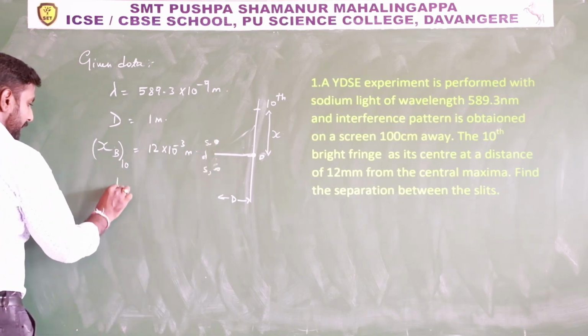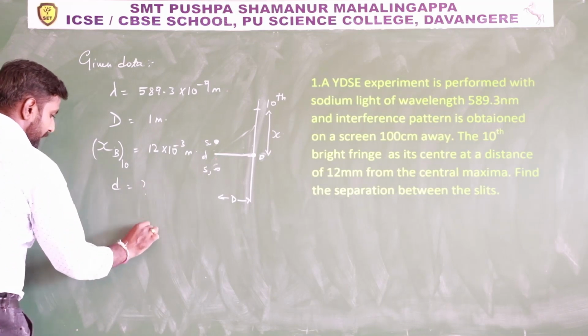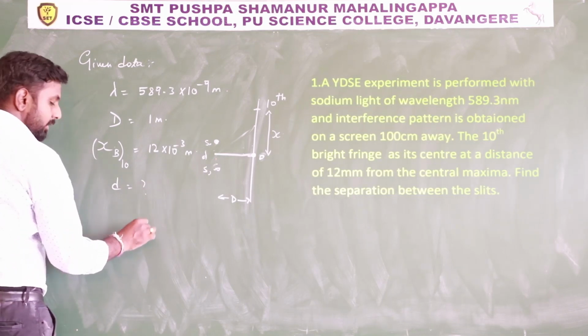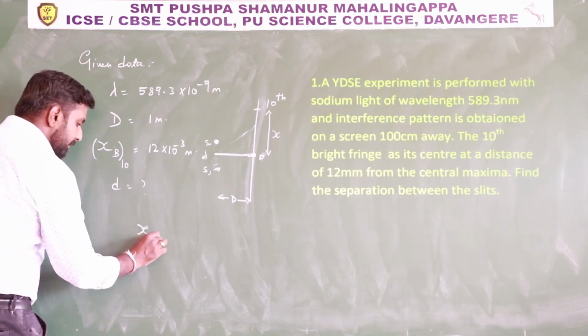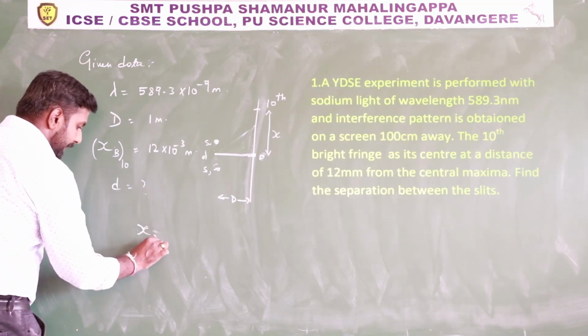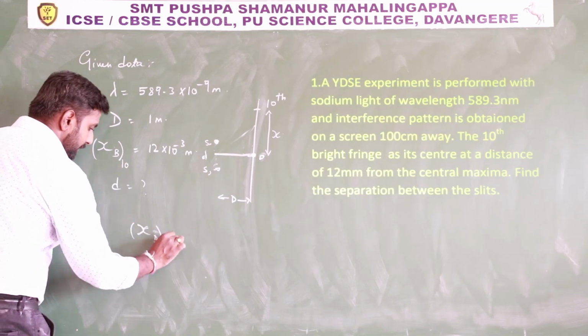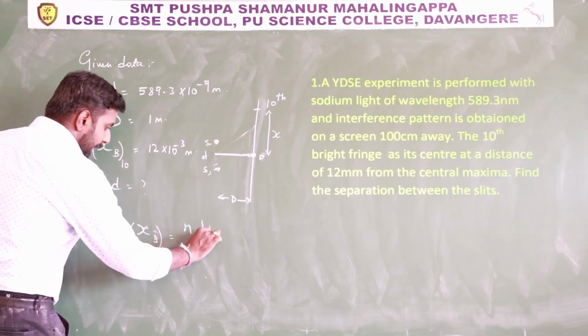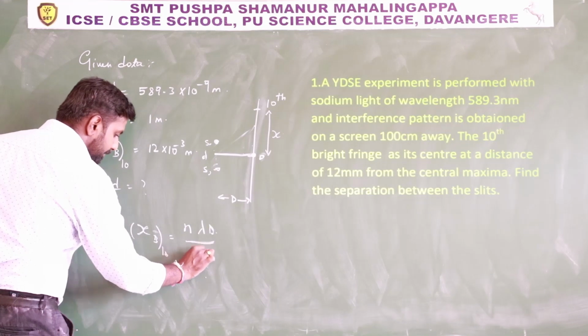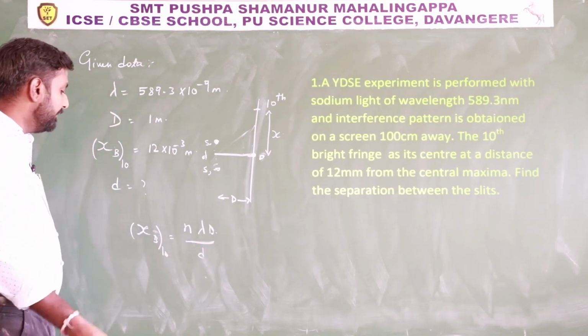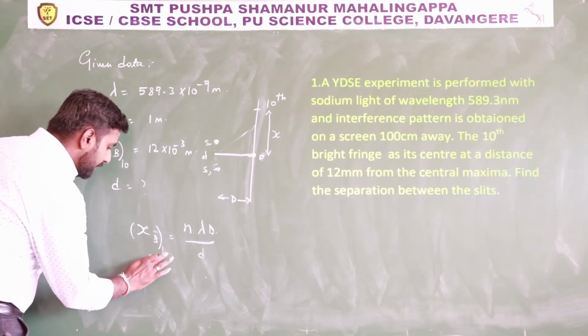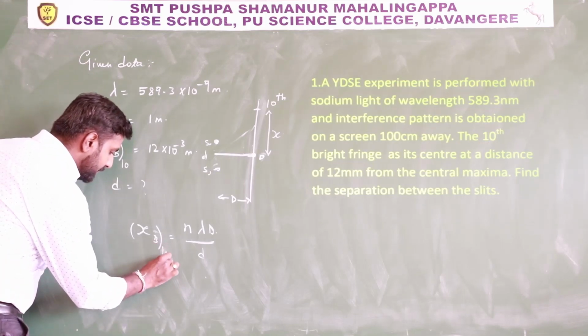So the formula is, you know, the linear position of the bright or dark fringes. For bright fringes, I will write x b 10 equals n lambda capital D divided by small d. X equals n lambda capital D divided by small d, for the nth bright fringe. In place of n, this is the 10th bright fringe.